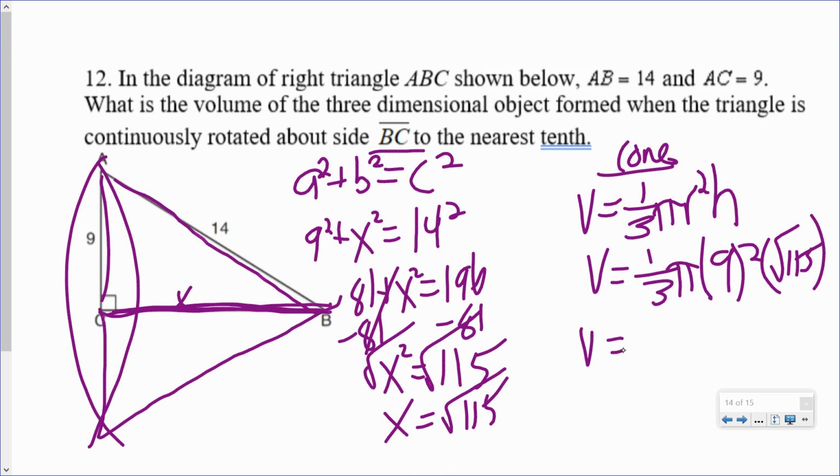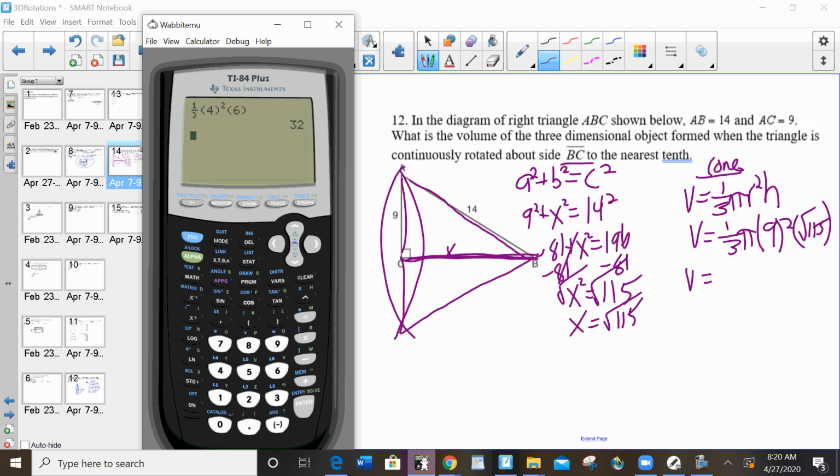So now I'm going to go to my calculator, and I've got 1/3. It says to the nearest tenth, so I'm typing pi in. Pi times 9 squared times radical 115.